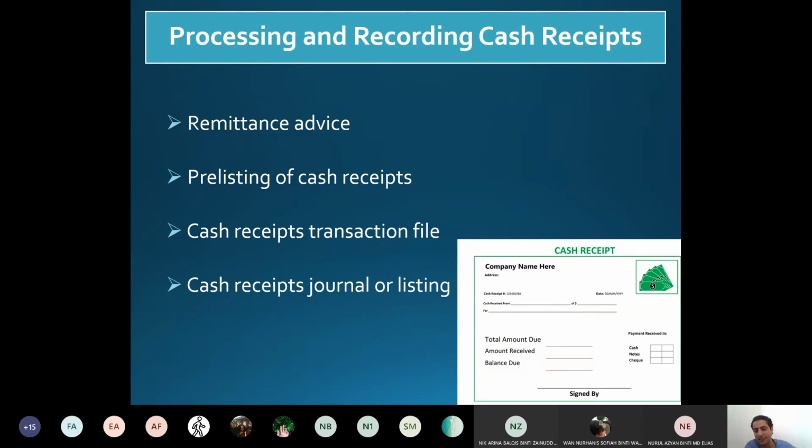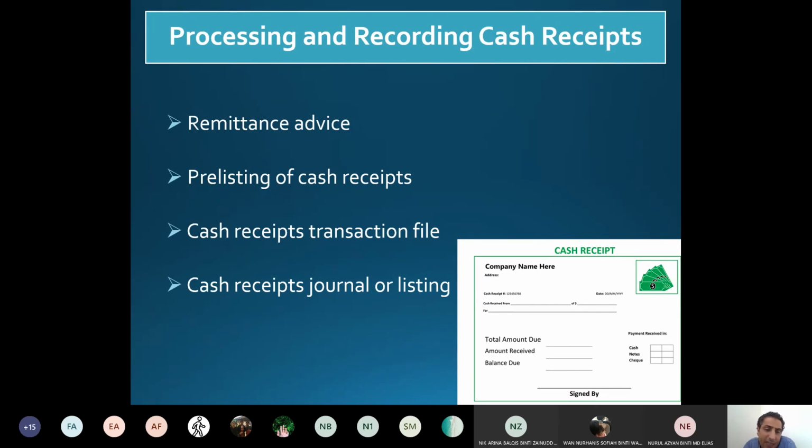A remittance advice lists the invoices that are settled in this payment, and it shows the amount they are settling, the company, the customer settling, and also the amount due after settlement, or the balance due.